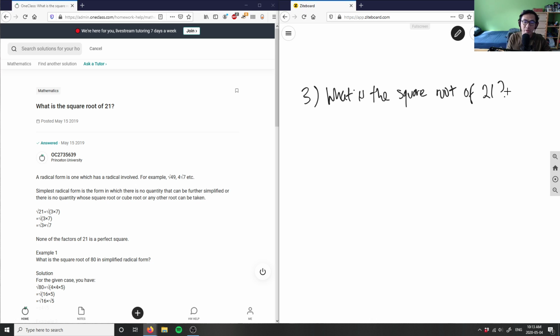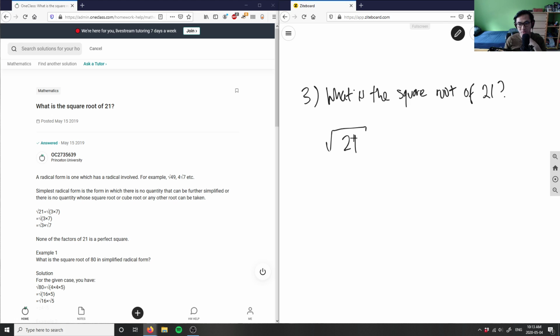We know the square root sign looks like this, and we have 21 inside the square root. It's asking us, what is the square root of 21?